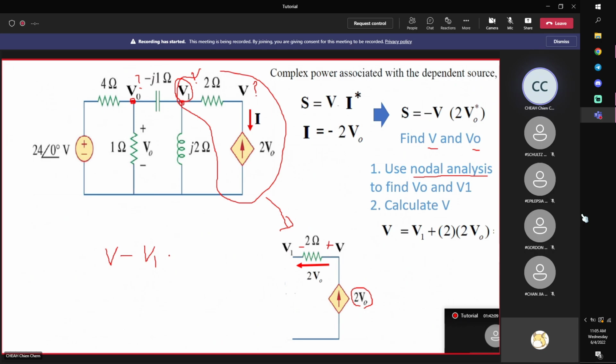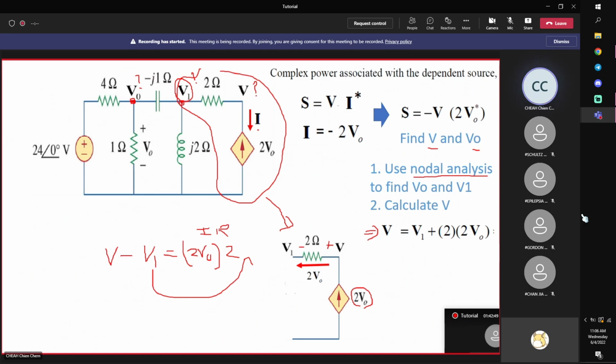V minus V1 is equal to the current flowing through it times the resistance, IR. Then if you bring this to the other side of the equation, you can get V in terms of V1 and V0. So I do not need to create one more unknown, because it can be calculated once I find V and V0.